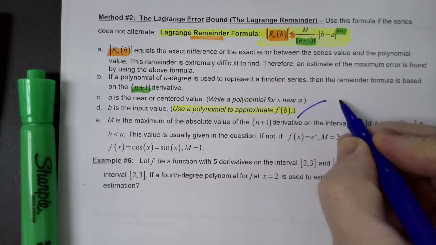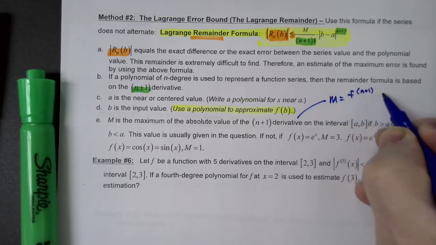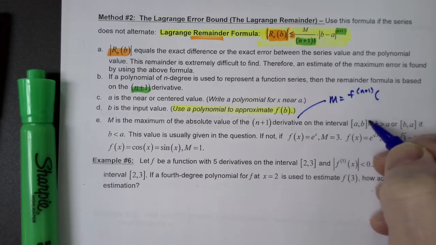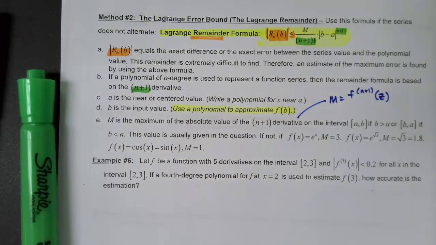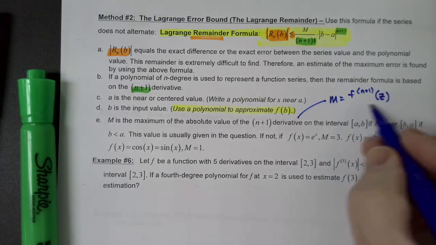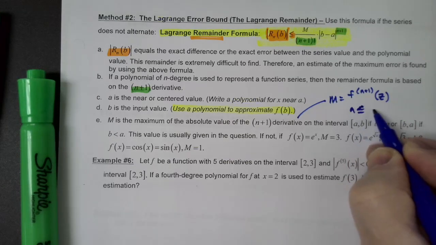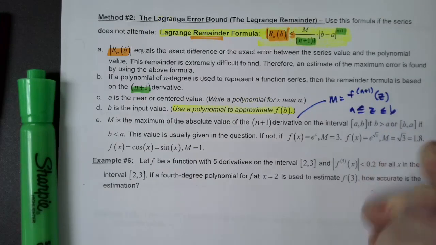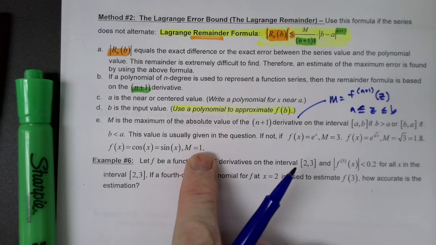So again, this m is going to be our n plus 1 derivative of whatever this thing is. I'll just use z for some other number. We know that z, whatever that is, is going to be between those two numbers a and b that we have up there. Okay? All right. So the value usually is going to be given to us in the question.